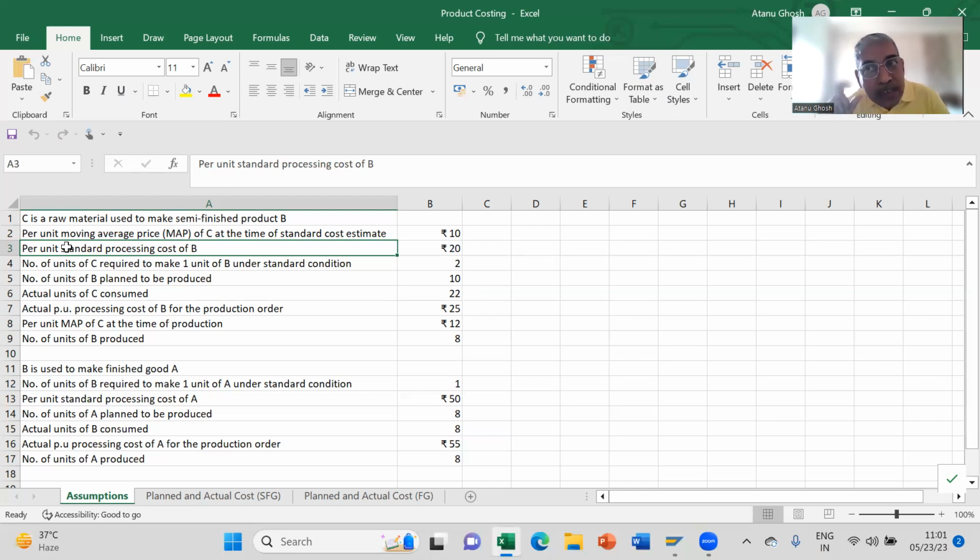You can know the estimated time as well as the actual time, that is, actually how many hours of labor have been used. But it is not possible to know the actual rate of labor, that is, who has worked on your machine. That will always remain estimated. That is the best you can do for actual costing.